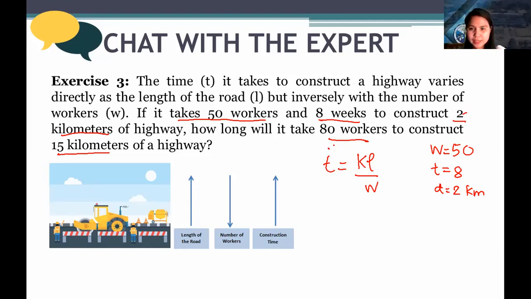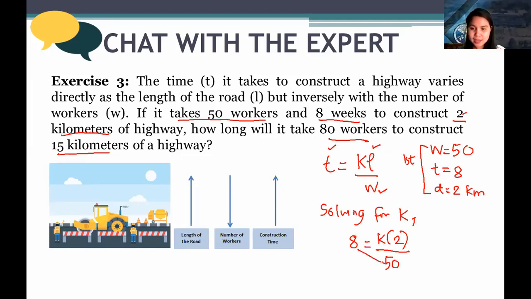We have our time, we have the length of the road, and we have the workers, but our K is missing. So using the first set of data, let us solve for K. Now we have our T is 8, K, our length is 2 over our workers is 50.